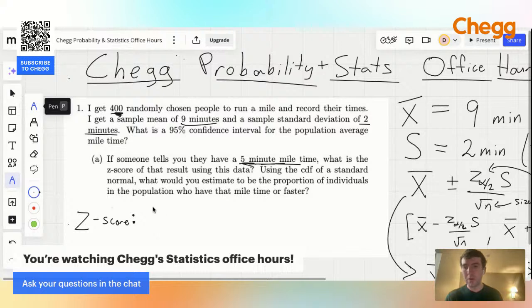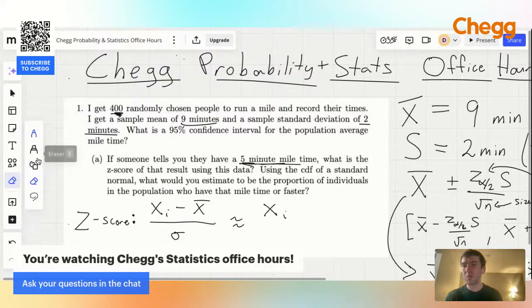All you do is take your data, let's say xi, subtract the mean x bar, and divide by the standard deviation.